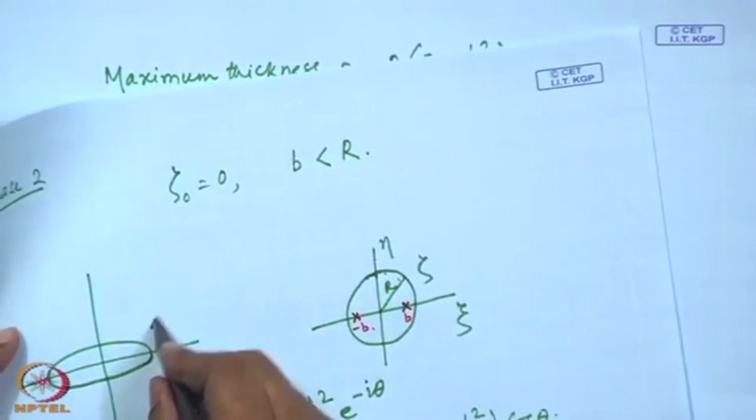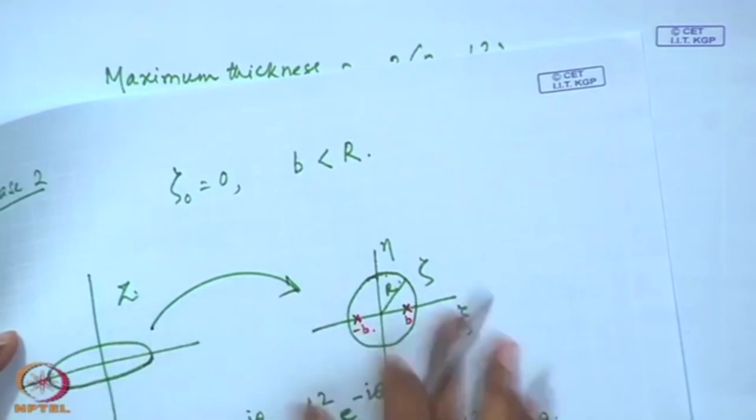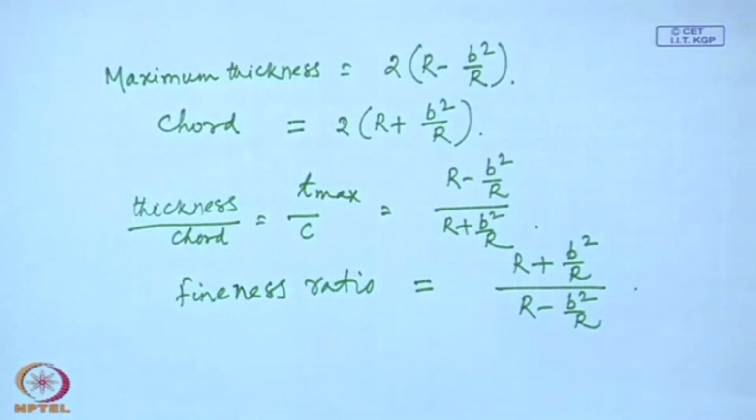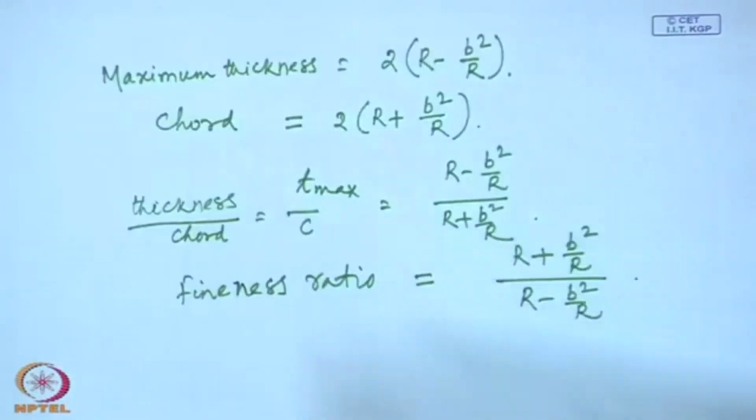you see that is the reason, see in our transformation, we are showing it this way, that we transform from Z to zeta, not zeta to Z. See here also. So, okay, let us assume that you know the fineness ratio of the ellipse, that will give you B by R first of all.